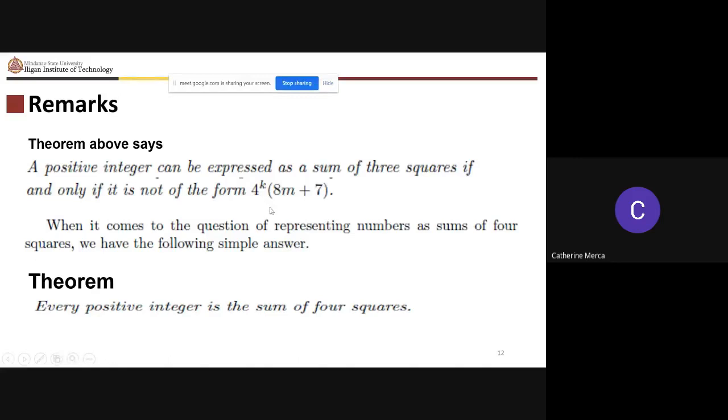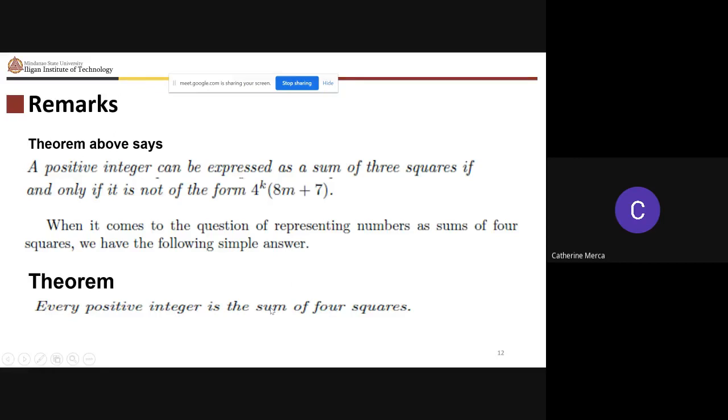So, iklaro lang that the theorem says a positive integer can be expressed as a sum of three squares if and only if dili siya ani nga form. Because this is an if and only if statement. Okay?